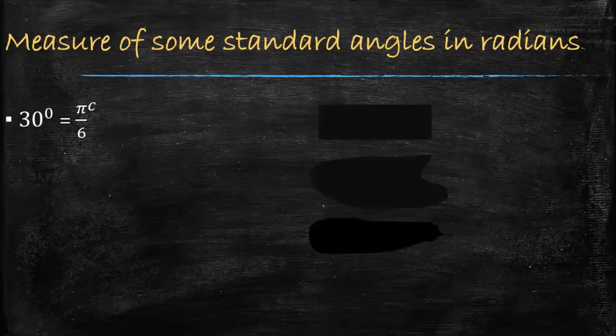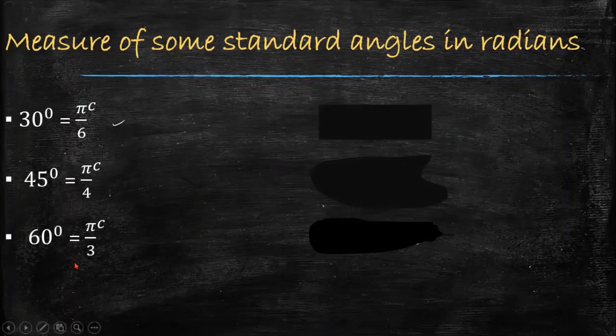There is no excuse. 30 degrees is pi by 6 radians. You must remember this. Then 45 degrees is pi by 4 radians. Instead of converting these standard angles every time into radians, it's better you remember their measure in radians. Similarly, 60 degrees is pi by 3 radians.